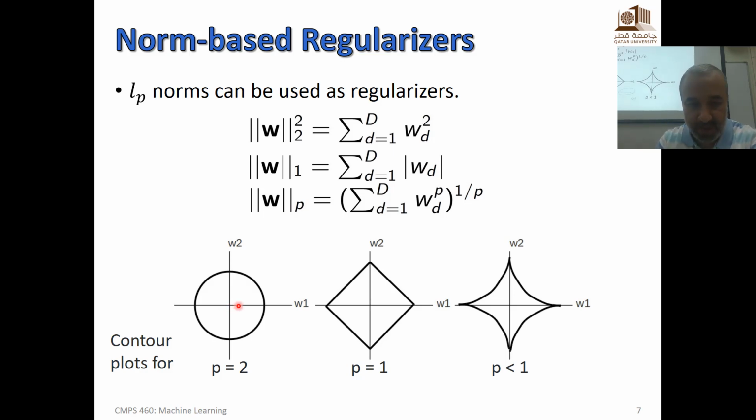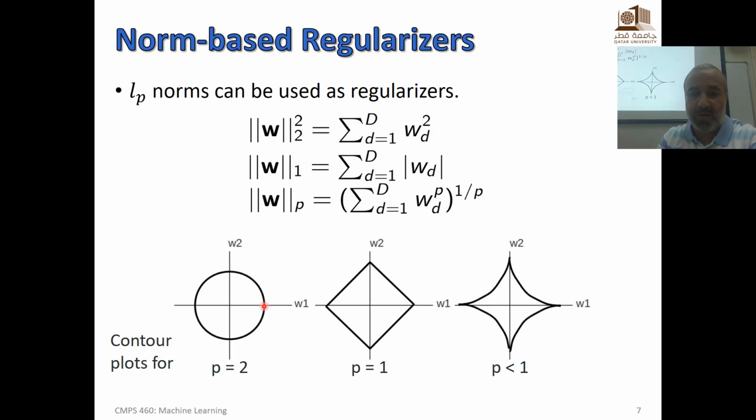So, for example, if W1 is this value and W2 this value, the norm will be 1. Actually, this circle indicates that the norm is 1. So all points on this circle have a norm of 1, but with different values of W1 and W2.